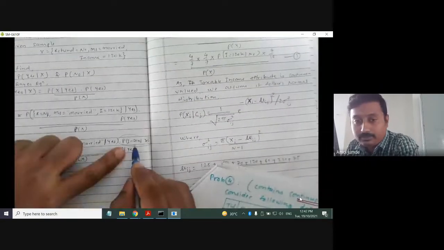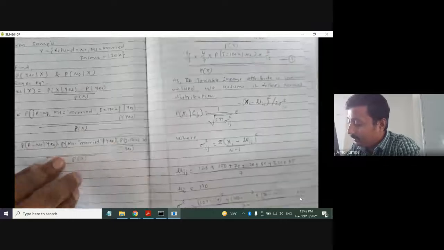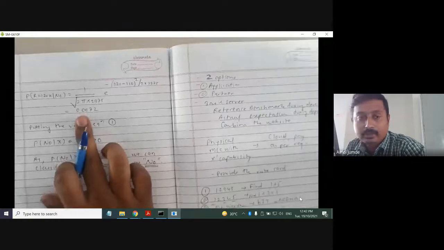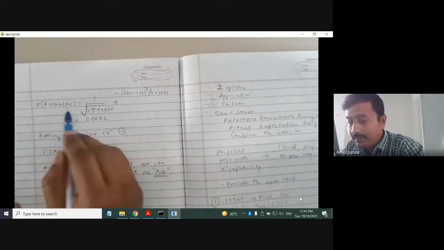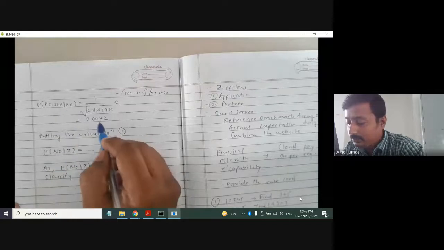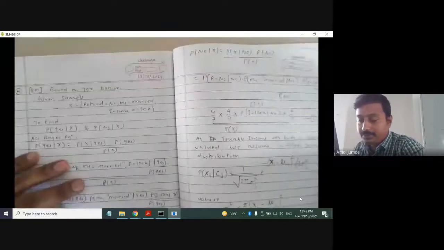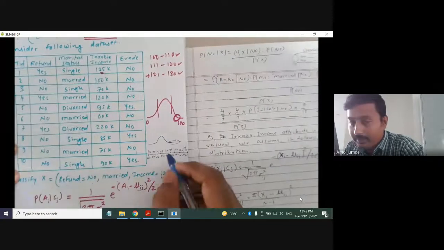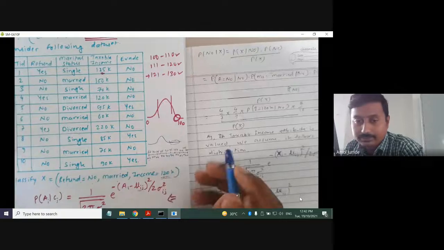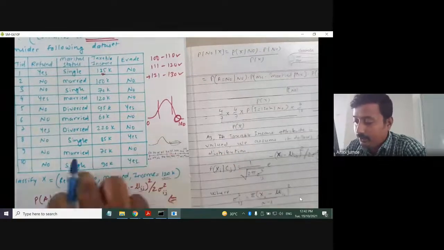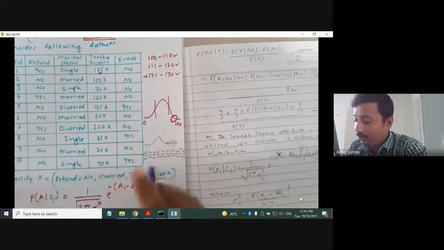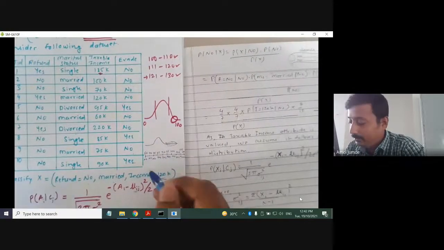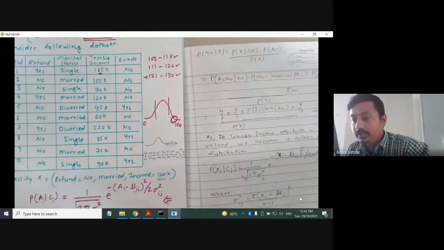So I expect you will get a value lower than this value. ये है 120 की probability for no class. From our observation, we should get less probability for yes class. So this is how you have to understand the data. You plot it, you will get a better understanding of this data, and then you can guess the answers.